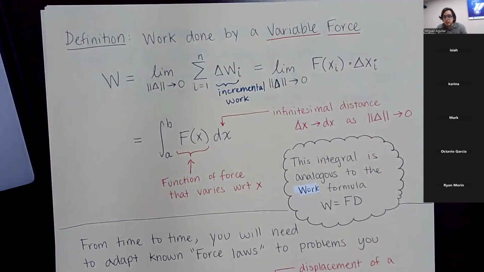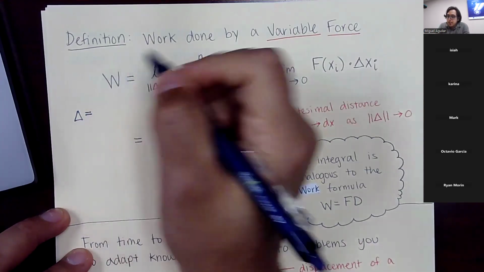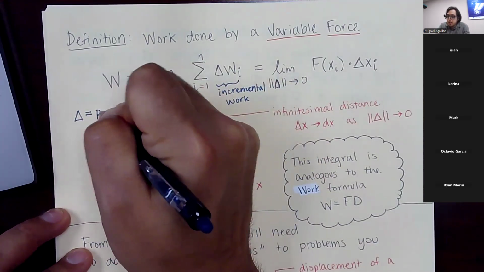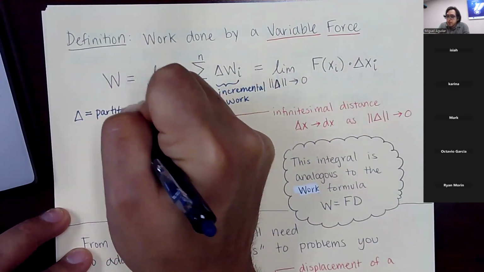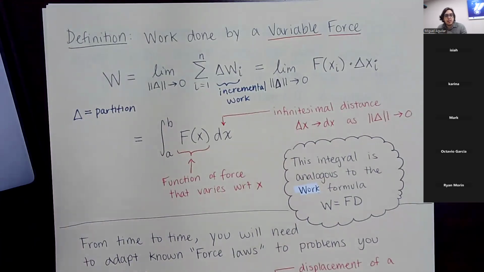We call that a partition, right? And so this symbol delta in this case of our definition means that partition, right? That you've taken the function and you split it up into infinitely many little subsections, right?